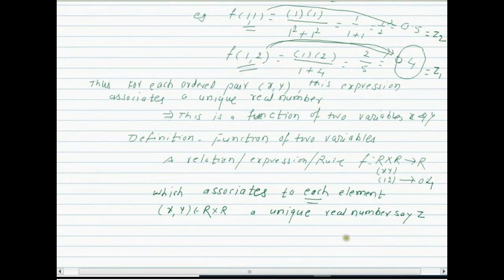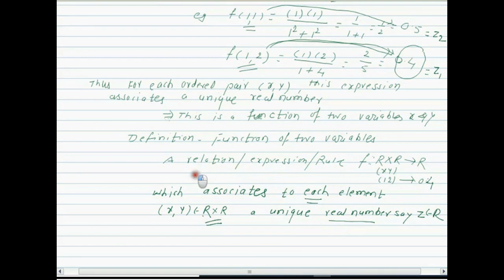So a unique real number z; it is not a complex number, it is just a symbol, a real number. So a relation f from R cross R to R, which associates to each element (x, y) belonging to R cross R a unique real number. What does it do?